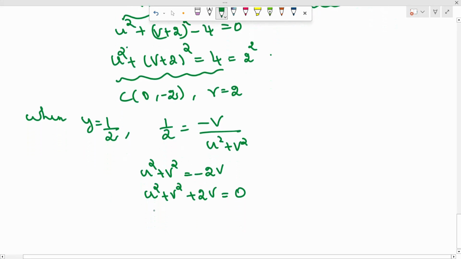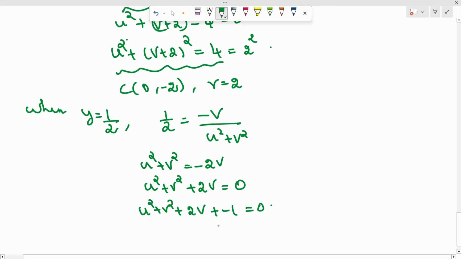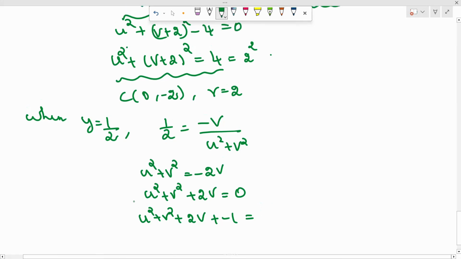Now here we can add and subtract 1: plus 1 minus 1 is equal to 0.